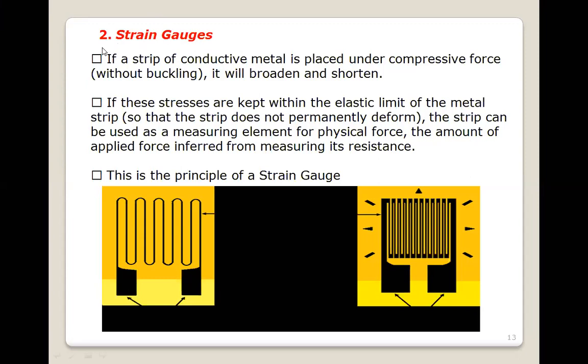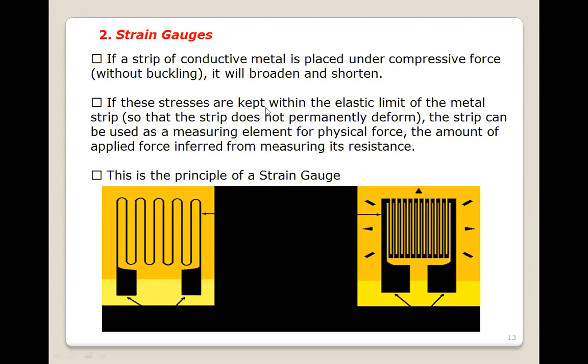So the basic principle of the strain gauge is that in the construction, there is a strip of conductive material placed under compressive force. It will either elongate or shorten.